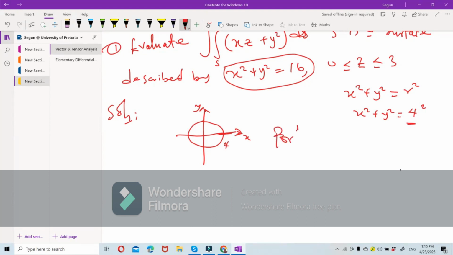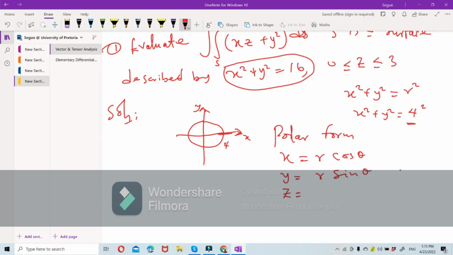We need to write this one in polar form. You remember that in polar form, our x is equal to r cos theta, y is equal to r sin theta, and z, in this case, we only need x, y, z.